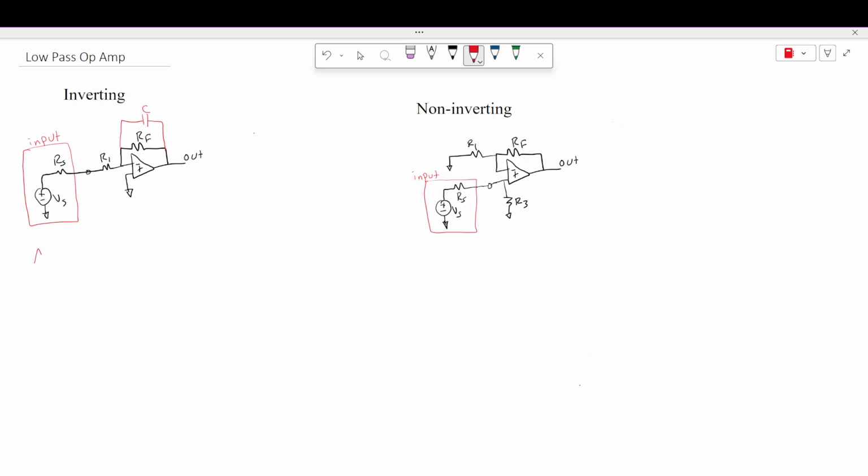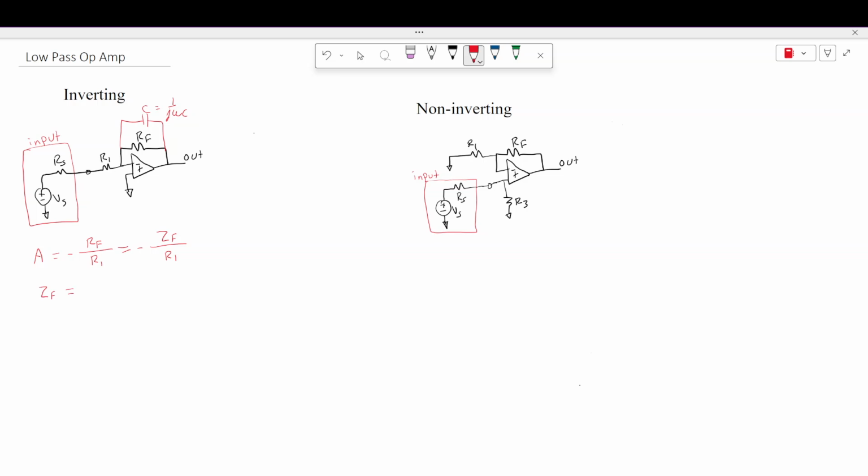So here, the equation for our gain is equal to minus RF over R1, which in this case is equal to minus ZF over R1, because we've added in a capacitor which has an impedance of 1 over j omega C. So we need to calculate what ZF is.